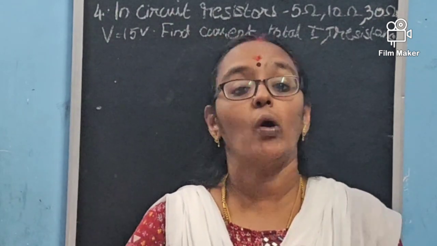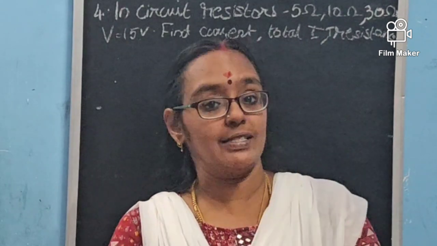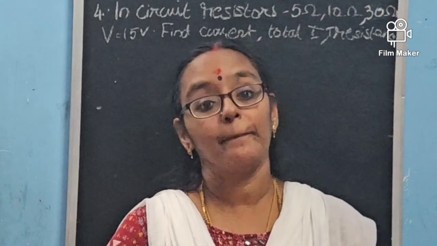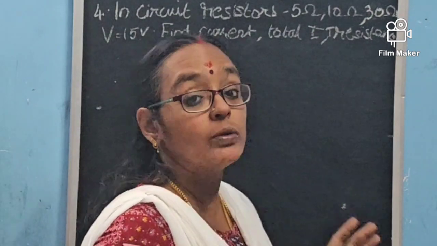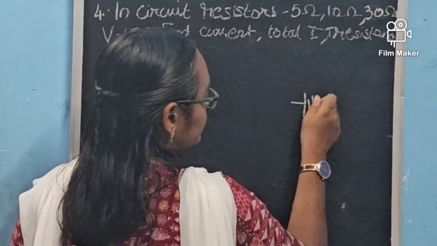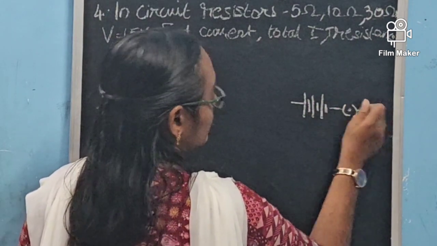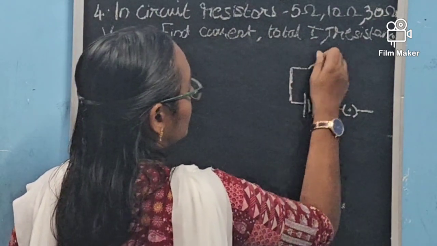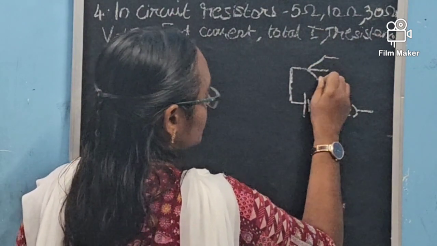They have said a battery is connected in common and it is giving a potential difference of 15 volt. Means the voltage is the same, but the current varies here. So which kind of connection will it be? It will surely be a parallel connection. So how do we draw it? Let's imagine how the circuit will be. We are drawing it. Battery is here. Plug point is there. Three resistors will be there.